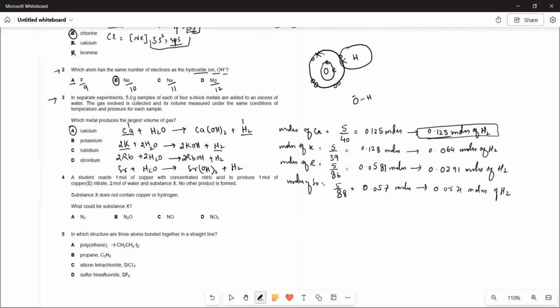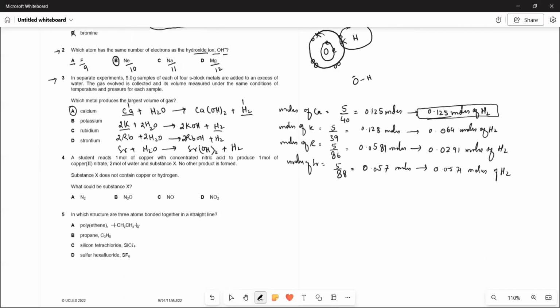another question, question number 4. They are saying a student reacts 1 mole of copper with concentrated nitric acid to produce 1 mole of copper nitrate, 2 moles of water, and a substance X, no other product. So let's see if we have this reaction. So copper reacting with concentrated nitric acid, right?